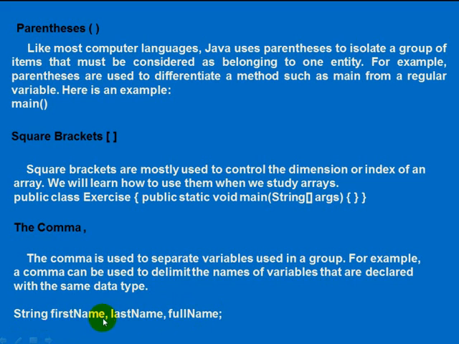If we don't use the comma operator, then we would have to use string first name, semicolon, then again string last name, semicolon, then string full name, semicolon. So three variables are declared in a single statement by using the comma operator.